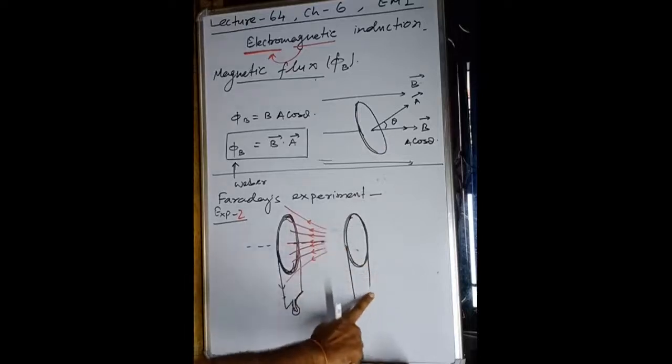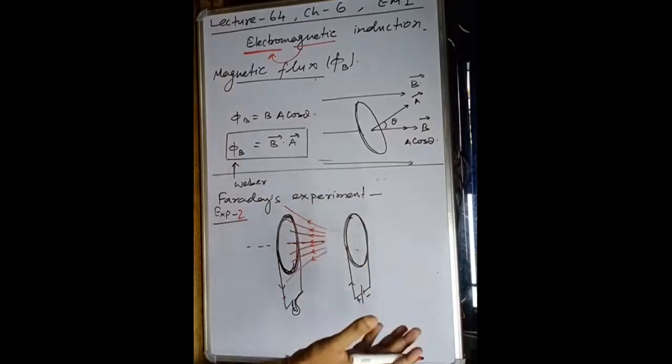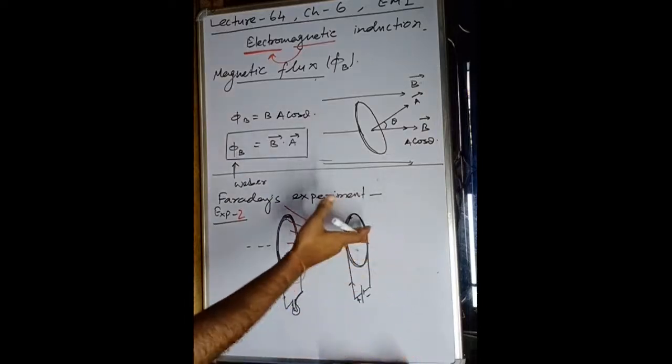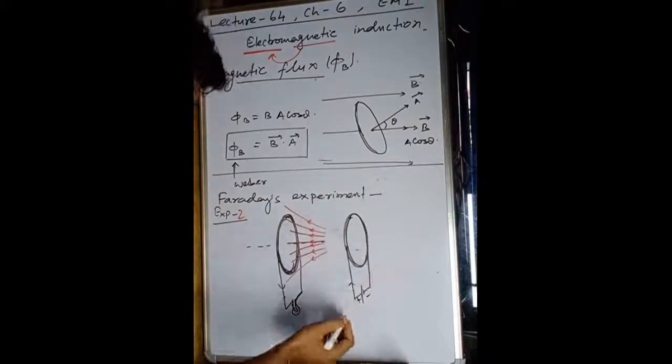But this coil is already connected with a source of potential, that is the voltage, and current is flowing. We know, my dear students, a current carrying coil behaves as a magnet. So in the place of that magnet, we have placed a current carrying coil.